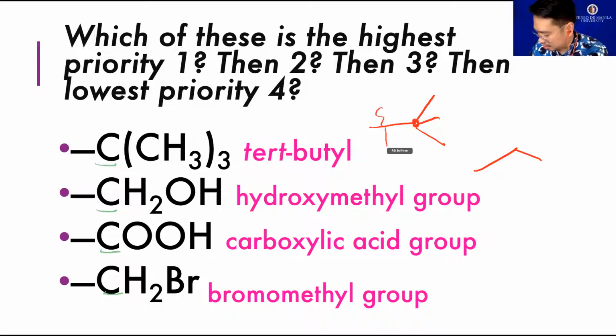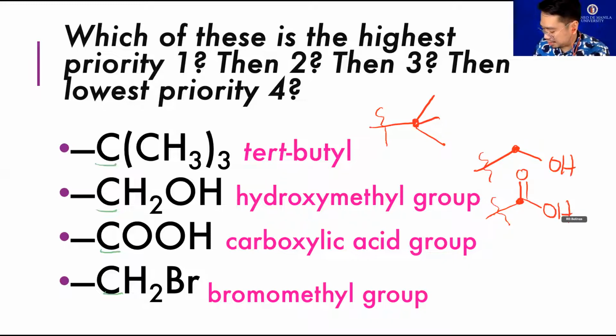That's the molecule C. This one has an OH. This one has a double bond O, OH. And then last, this just has a bromine. Which do you think is the highest priority here?